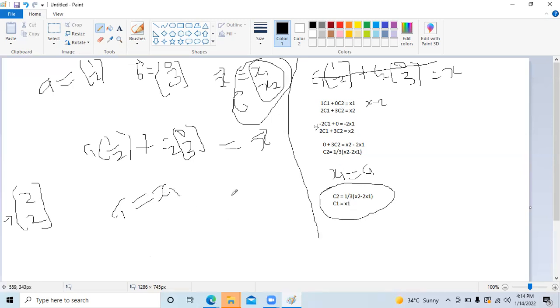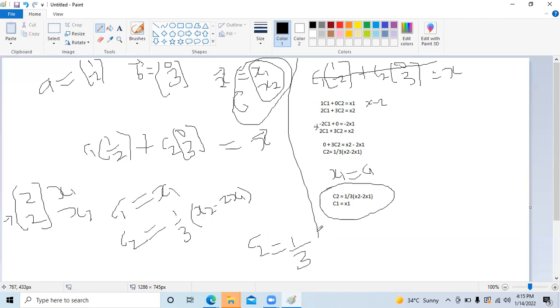So we can get our C1 equals 2. And then C2 equals 1 over 3 (x2 minus 2x1). I hope this makes sense to you. So we know that C1 equals 2 already, since this is x1, and this is x2.